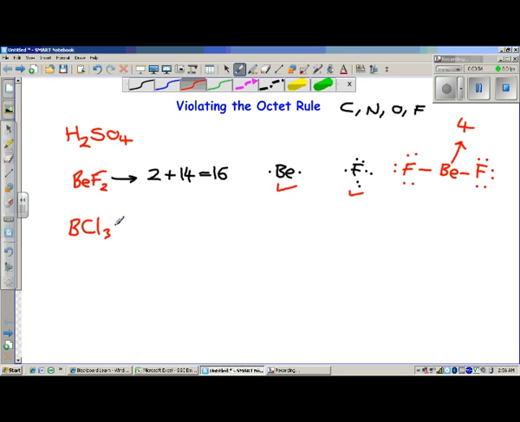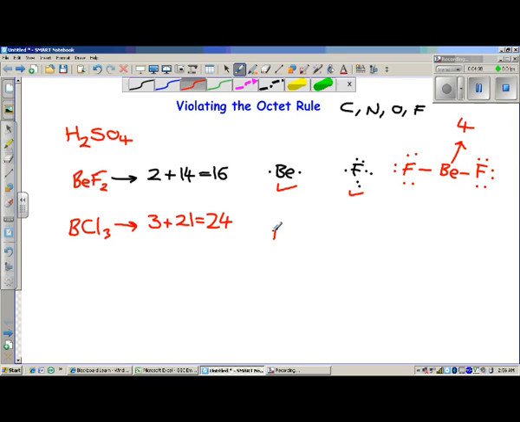And let's do the same thing here. Boron is in group 3. And chlorine is in group 7, and there are 3 of those. So we add all those together.